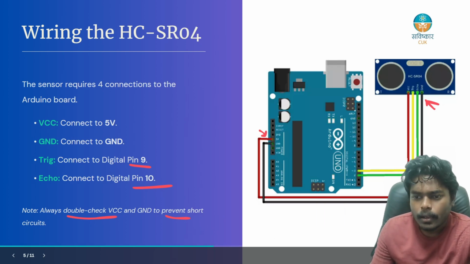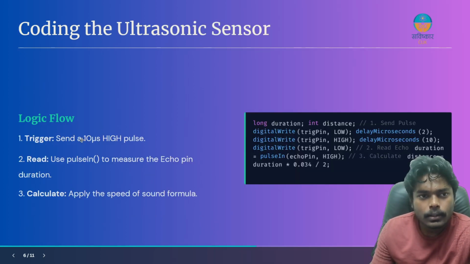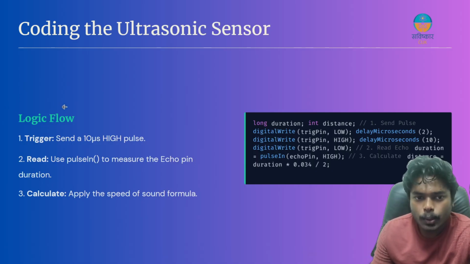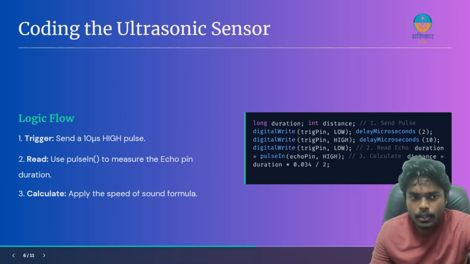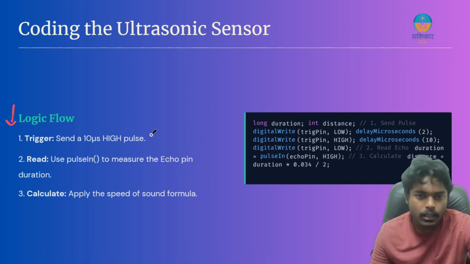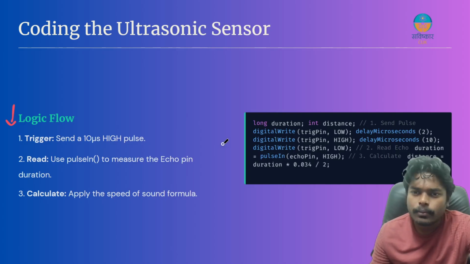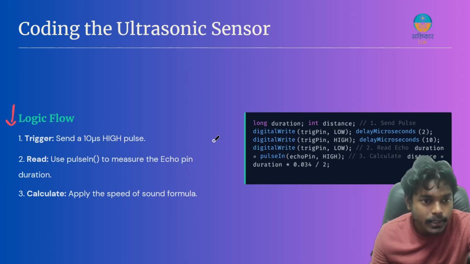All right, guys. Now let's code for our ultrasonic sensor. Before we code, let's talk about the logic flow which we will follow whenever we are interfacing the ultrasonic sensor with our Arduino.